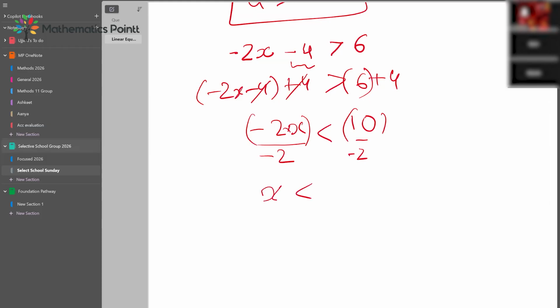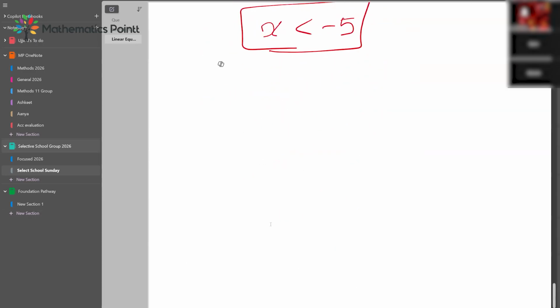So my x is less than. Everyone, is this clear? Yes or no? And I'm now going to give you things to work on, and we go from there. I've simplified it to the basic level to make you understand this, so that you don't go wrong in future.